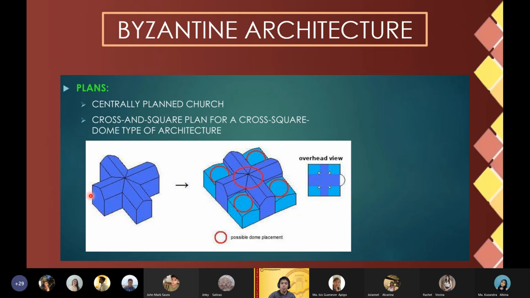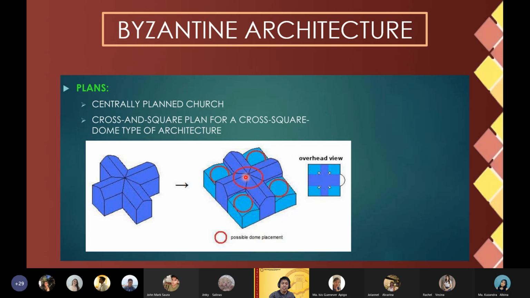That dome roof greatly affects the plan. If you notice, their plan is kind of squarish, or cross, or even circle or octagonal. So for the plans, it is a centrally planned church, meaning at the center. This one here at the center, the circle, that's the nave.